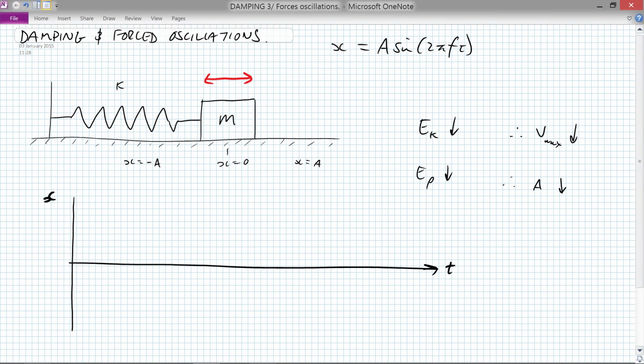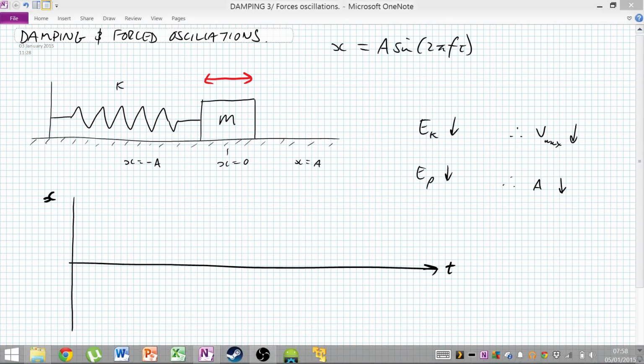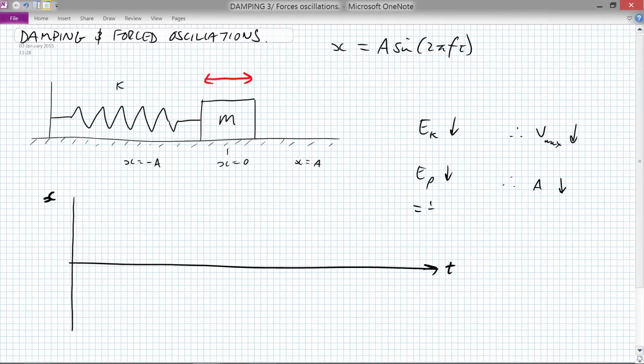Because if I've got less energy stored in a spring, remember energy is equal to half kx squared. So if k stays constant, the only way for EP to go down is for x to reduce. So at the extreme, that means the amplitude is going to go down.